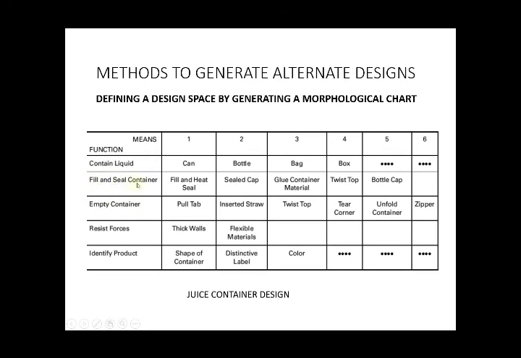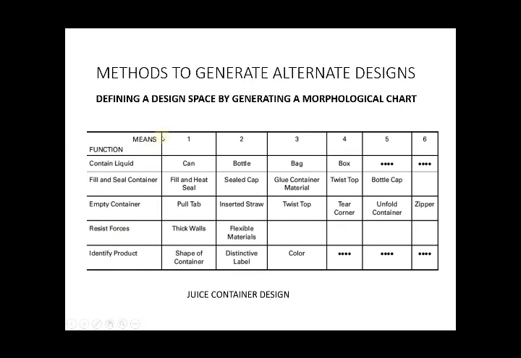And this is the method by which we can fill and seal or close the container. How to resist the forces that are acting during its operation? And how do we identify the product? What are the characteristics used for identifying that product? All these are the different functions.